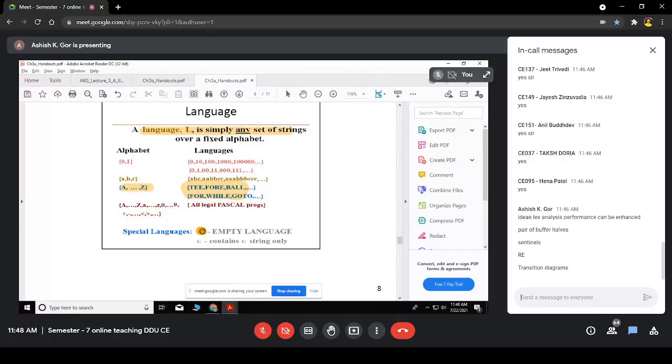The special languages are the empty language and the null language. The null can be represented by either notation; I use both alternately. The null language contains one thing, the null string, while the empty language is totally empty.